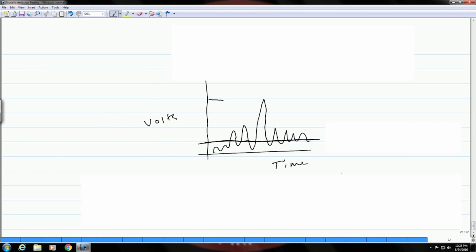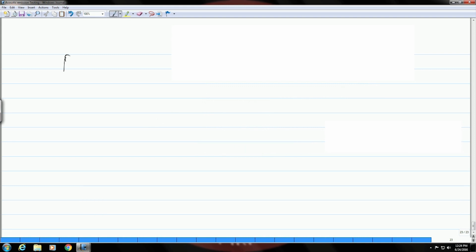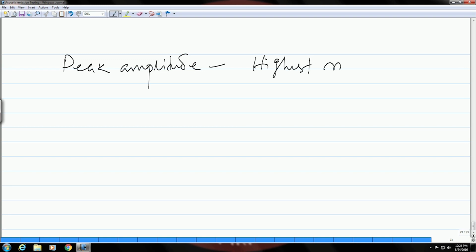So, that means the maximum signal that you have, which is this one in this case. So, this is nothing but the maximum or highest measured voltage or signal.